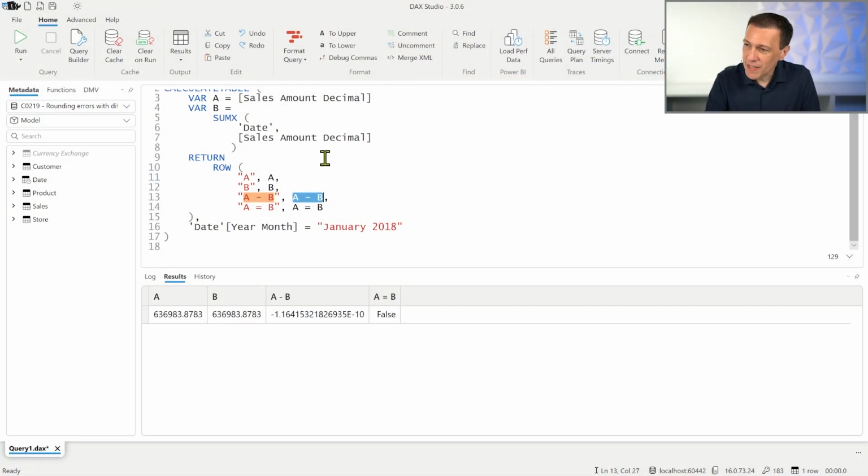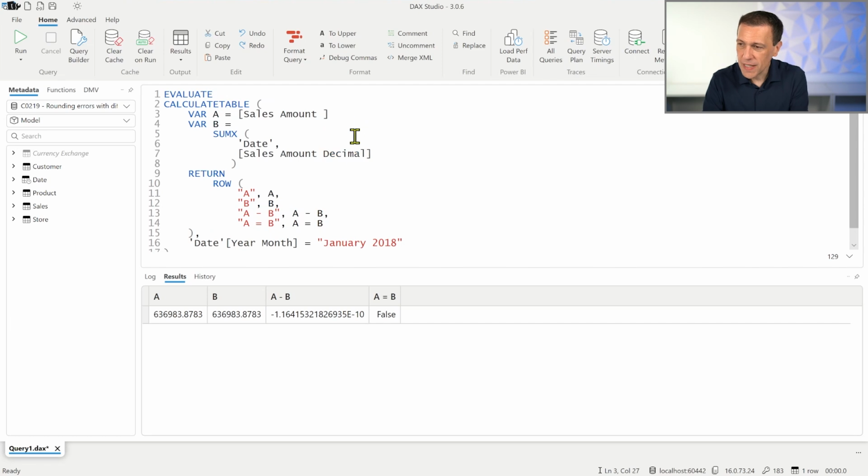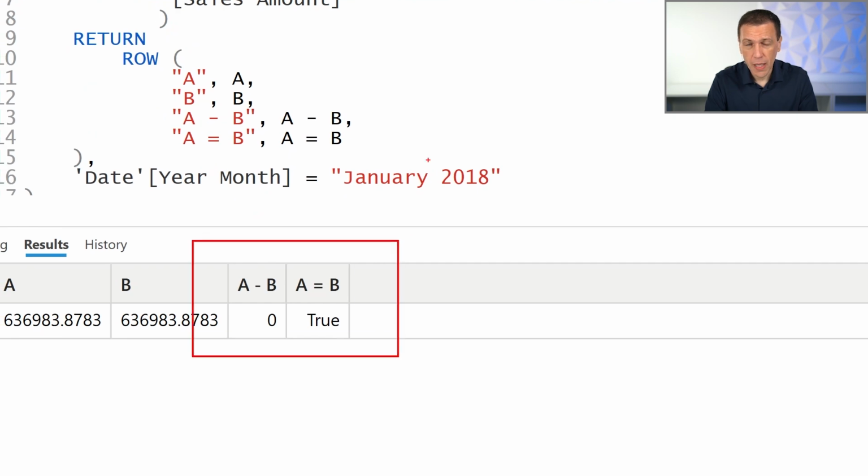Just to show a quick example, if I use sales amount, the regular one, which is an integer, multiplied by a currency, so an integer by a fixed decimal price, that produces another currency, another fixed decimal price. If I execute the same example, you see that there are no problems at all. So again, it's difficult to make a decision because there are pros and cons in all the options.